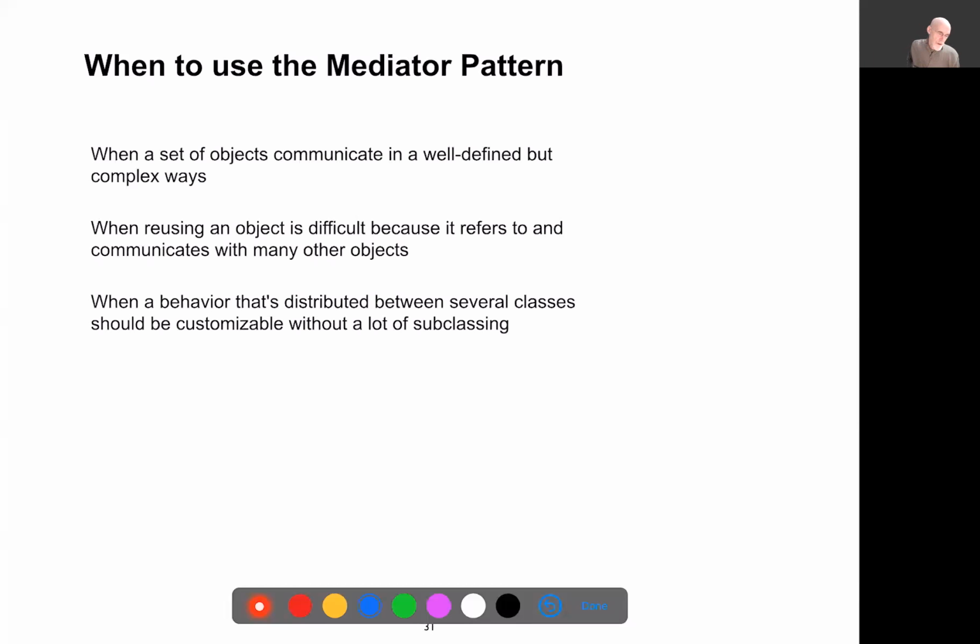And here's why this is one of the patterns I postponed to the end. When a set of objects communicate in well-defined but complex ways, what does that mean exactly?